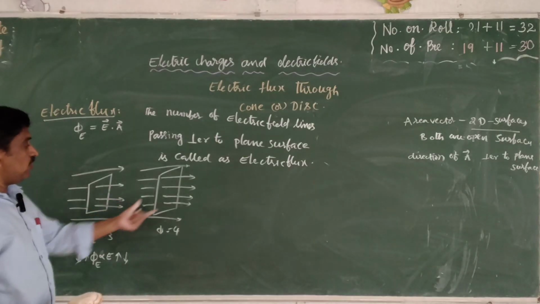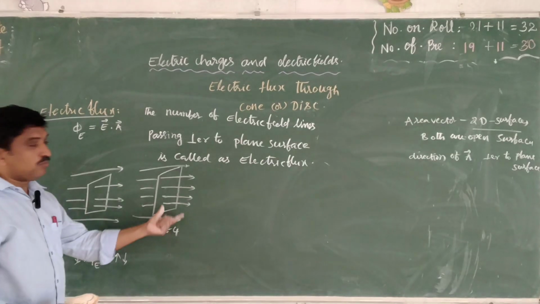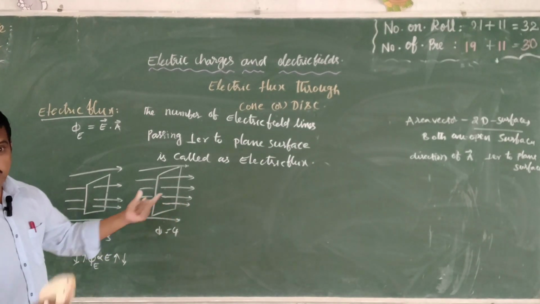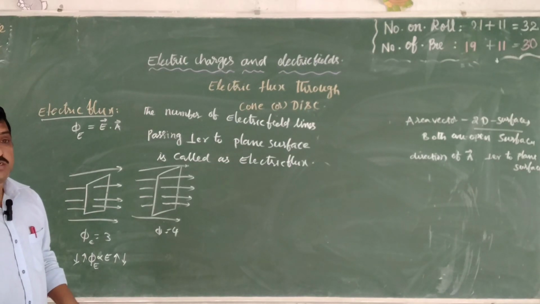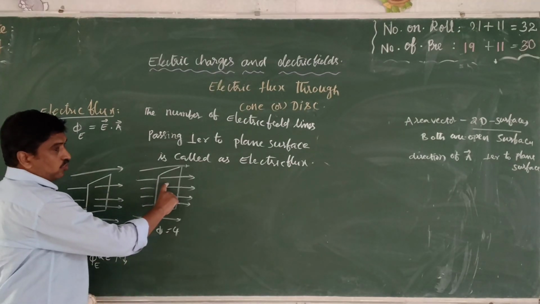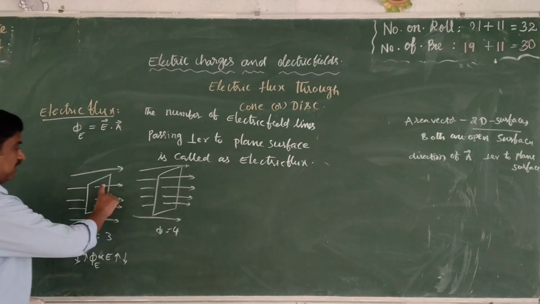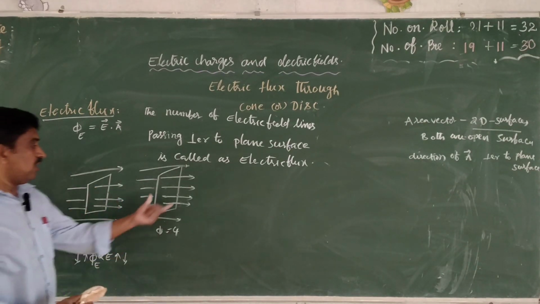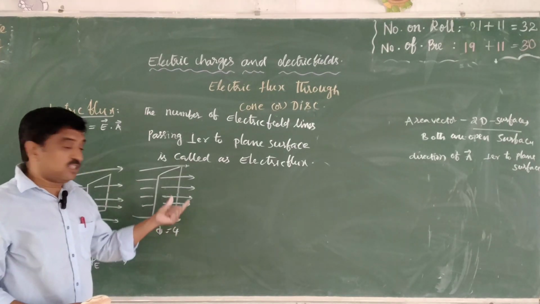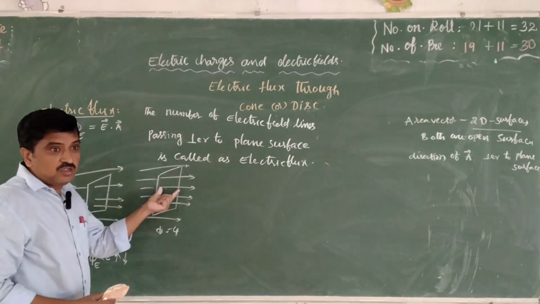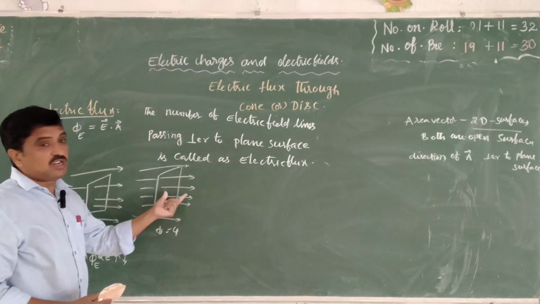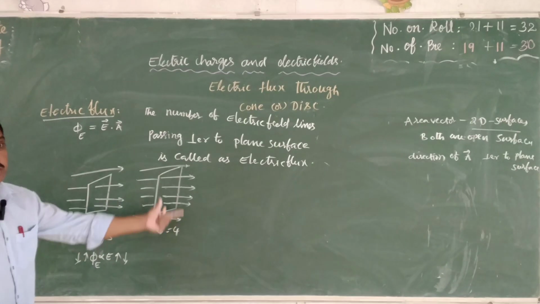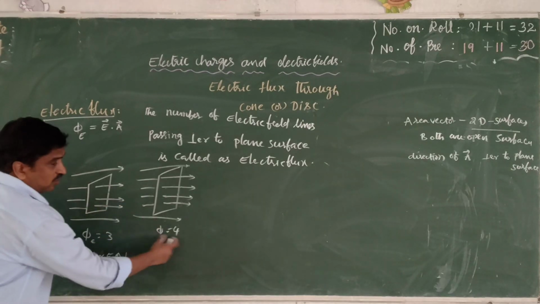So here 3 only, here 4. Same area, but the number of field lines is more here. That's why it has more density of field lines, and that decides the strength of the electric field. Electric field strength is more here and less here, because the number of field lines in unit area is less here and more there. So strength is more and flux is more.